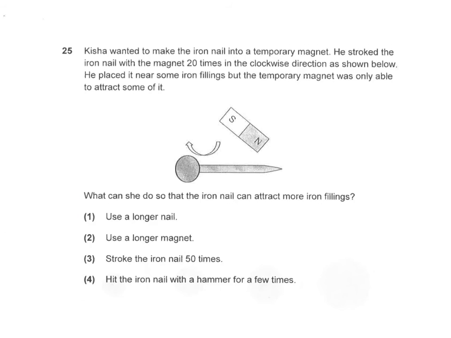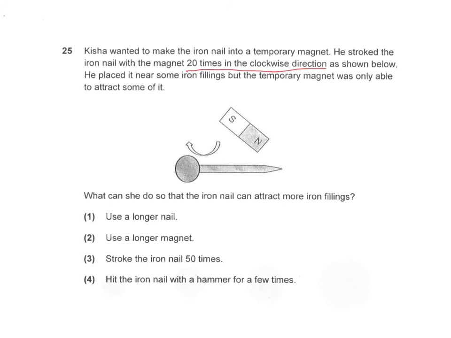Question 25. Krishna wanted to make an iron nail into a temporary magnet, and he stroked the iron nail with the magnet 20 times in a clockwise direction. As shown below, he placed it near some iron filings, but the temporary magnet was only able to attract some of it.